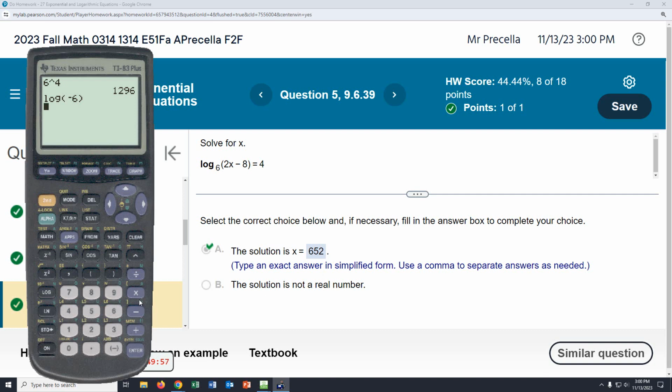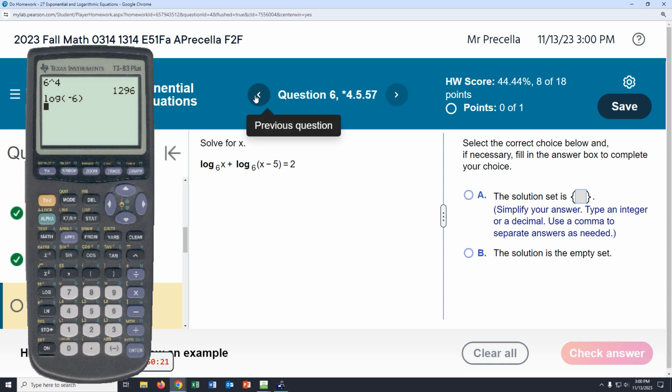But if this had been 8 minus 2x and you plug that in, it would have given you a negative, and you would have to say no solution, or they say not a real number. And if it's not a real number, what kind of number is it? Starts with an I. Okay, good. Okay, let's do the next one.